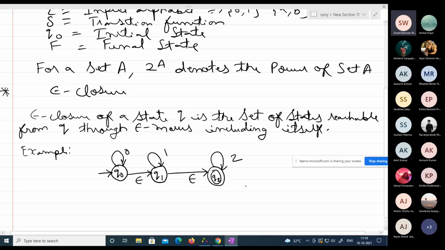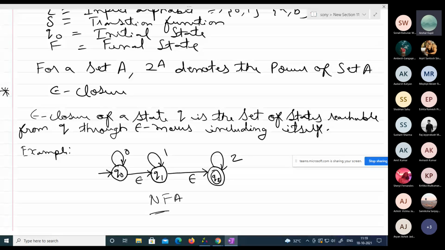This is an NFA. Why is it an NFA? Anybody? Why is it called an NFA? Because, for example, in Q2 there is only one transition coming out of it, which is not allowed in a DFA.